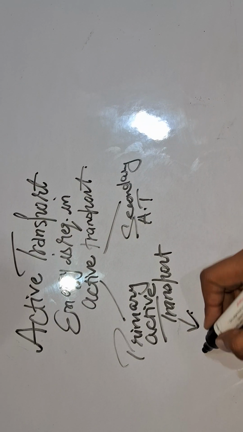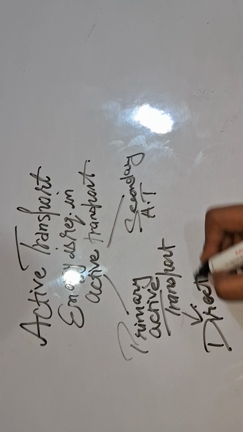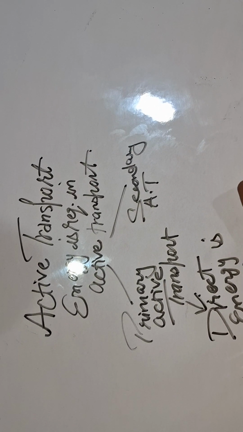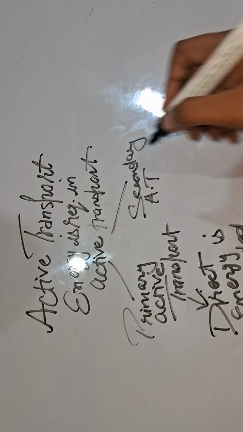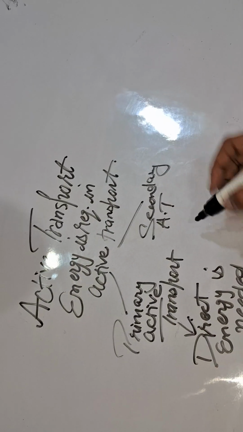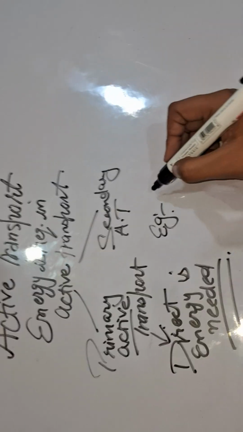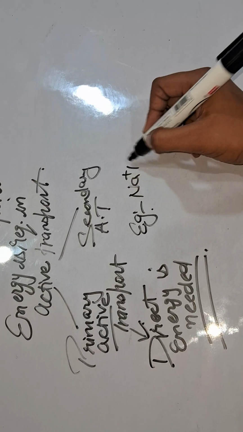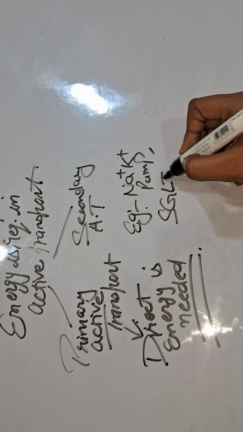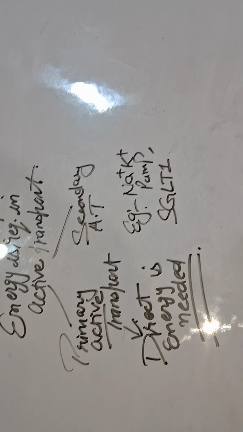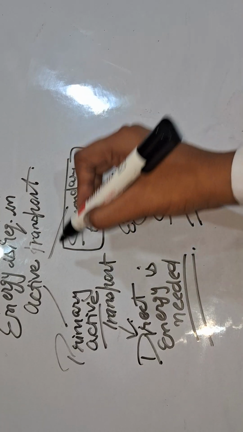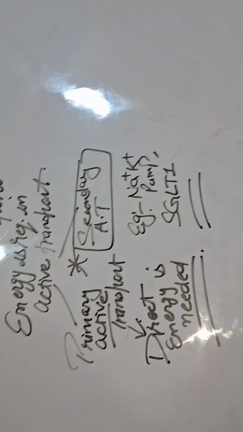In primary active transport, direct energy is needed. Then secondary active transport. Examples of these are the sodium potassium pump and SGLT 1. We will have a deep explanation of secondary active transport with the help of a diagram.